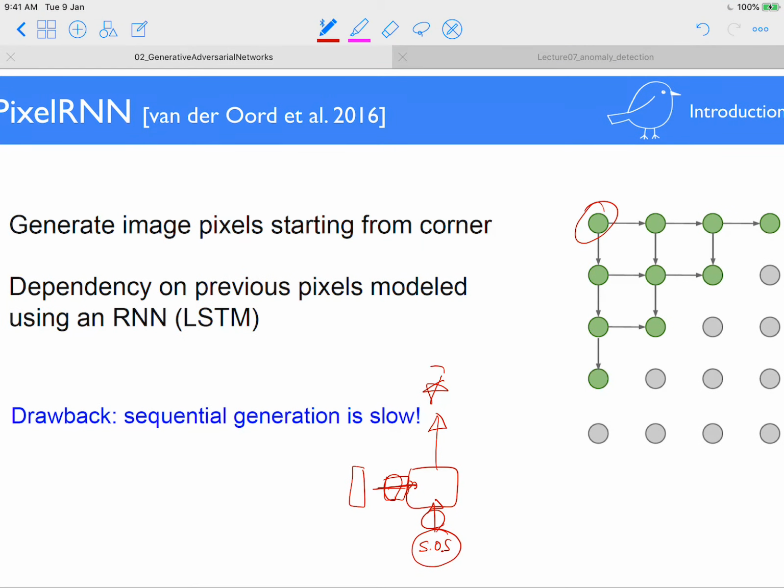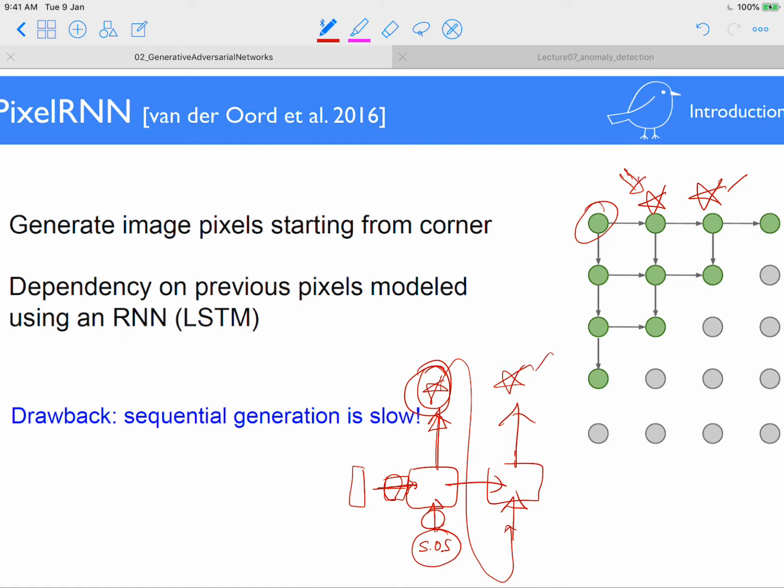Once we generate the particular pixel value corresponding to the start position, we give it as an additional condition to generate the next pixel. So we are given the hidden state vector, or cell vector, coming from the previous time step's LSTM module, and this additional information of the particular pixel value that was assigned in the previous time step, the left pixel.